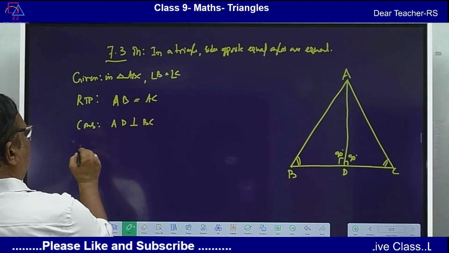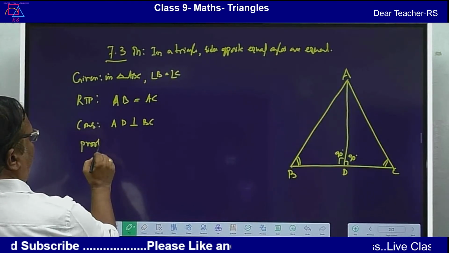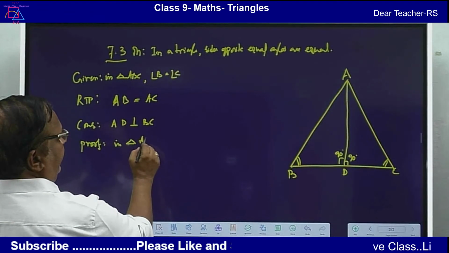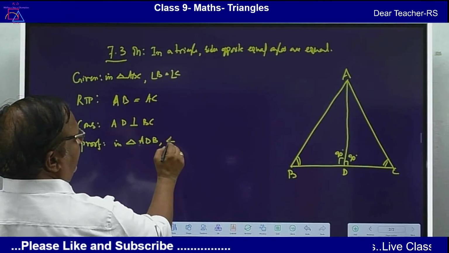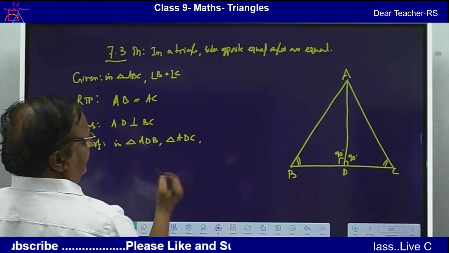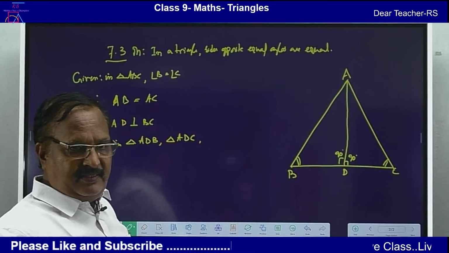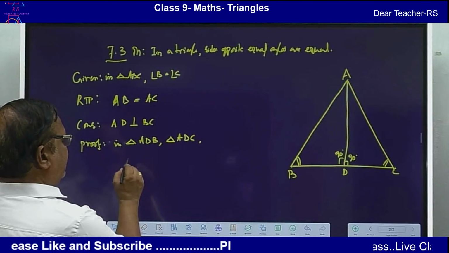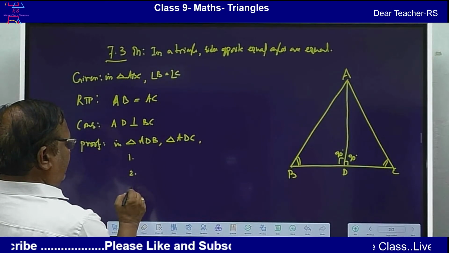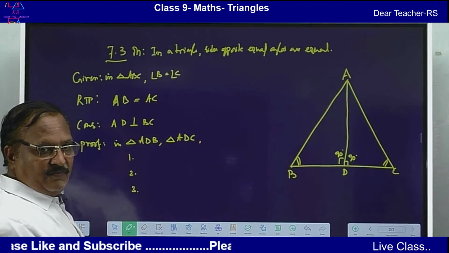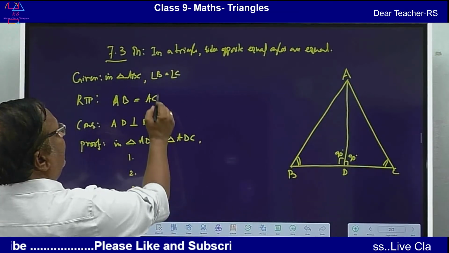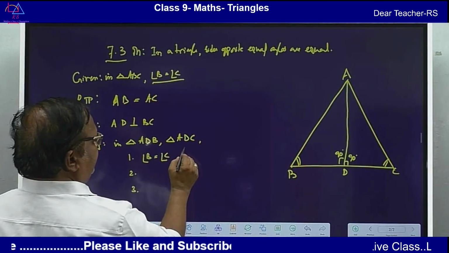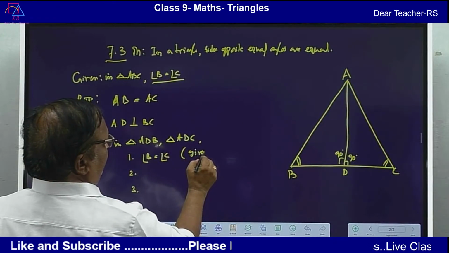So now proof. In triangle ADB and in triangle ADC, these two triangles, you list out three parts. What are equal in this? Angle B is equal to angle C. Very good. This is given.